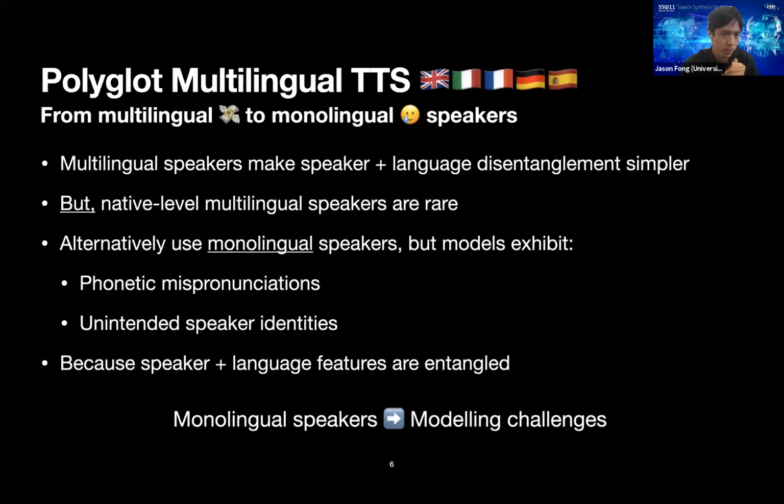And so when you try to do inference from them, they can exhibit some phonetic mispronunciations, or if you're doing code switching, when you change between languages, you also change the speaker identities. So when we try to use data from monolingual speakers, and we don't have many speakers per language, this presents some modeling challenges.